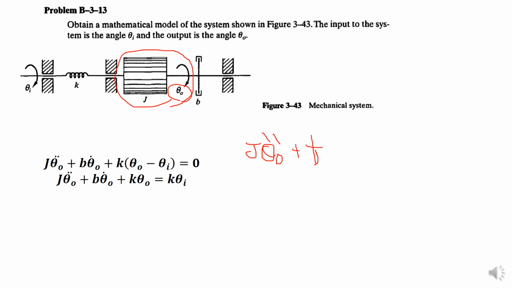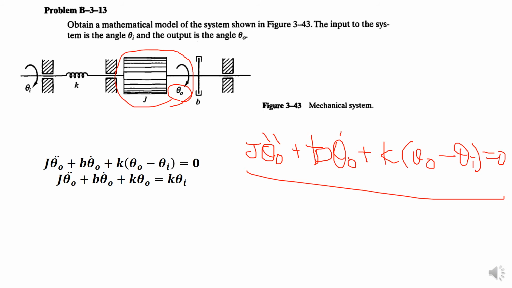So you will use J theta O double dot plus B theta O dot plus K times theta O minus the other coordinate, theta I, equal to 0.